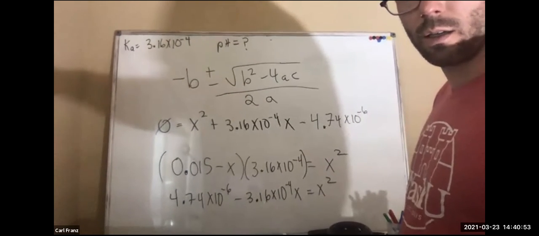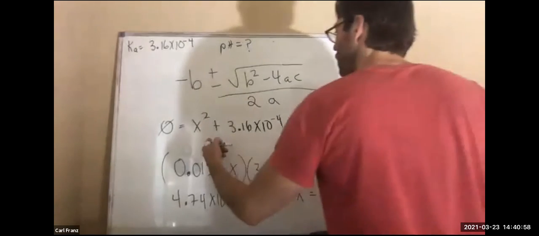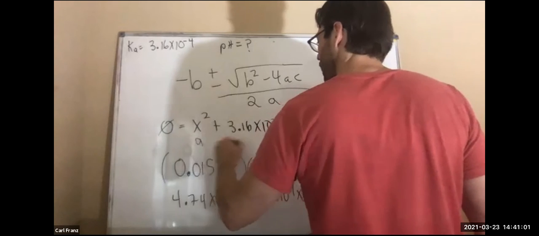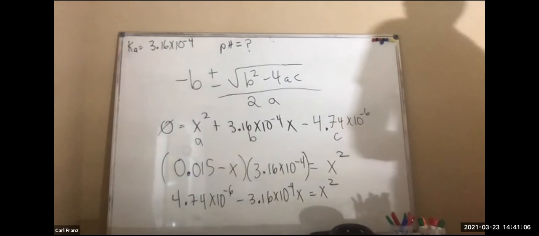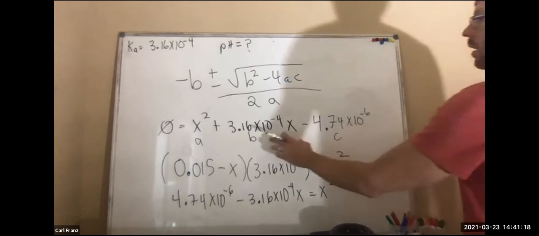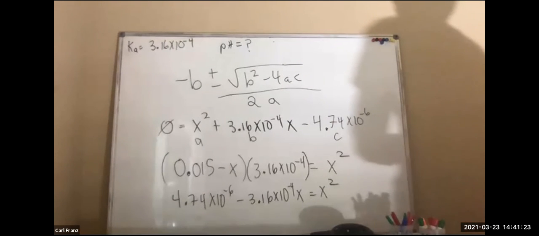And then we plug in, right? This is A, B, C. So when you plug in the B's for the B's, the A for the A, and the C's for the C's, what do you get next?